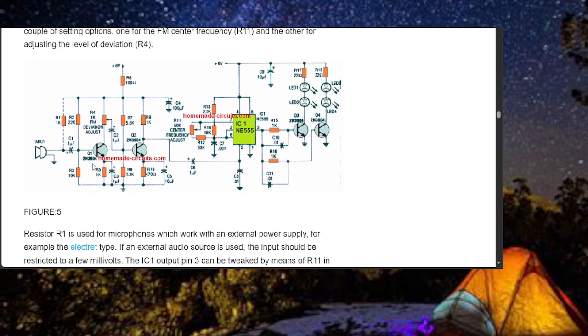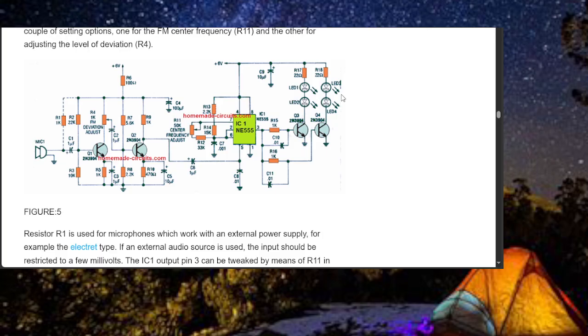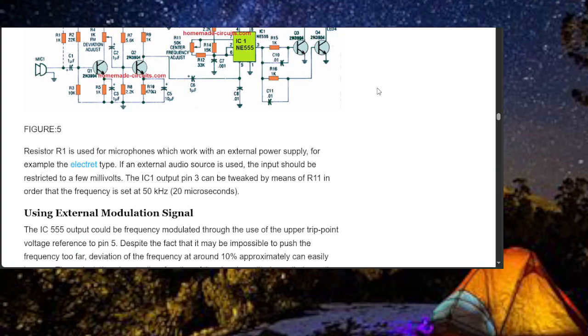These are 3904s. I have those. So this is an FM circuit here. And upstairs we've got the modulation signal. Electret type, external audio sources used. Input should be a few millivolts, etc.